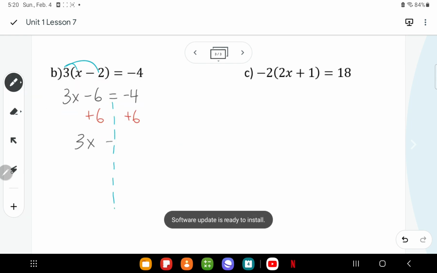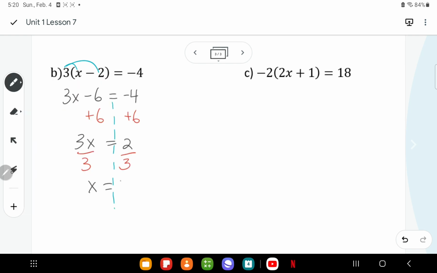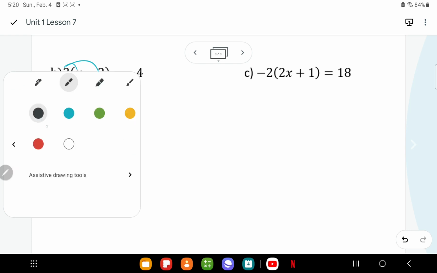I get 3x equals -4 plus 6 is +2. And now I'm going to do my division. Divided by 3, divided by 3. This is one that doesn't work out to a very nice decimal, so I'd probably just leave that as 2/3. If you wanted to divide it and make it 0.67, that's okay too.